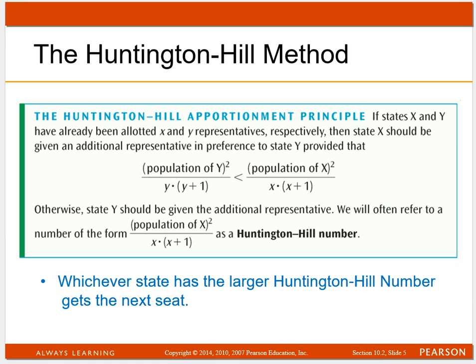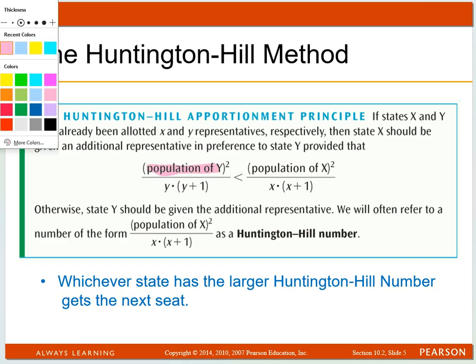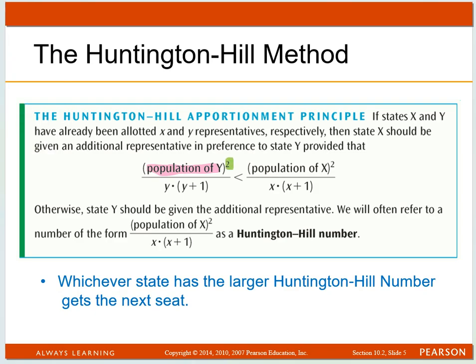Okay, so now we're moving on to a new method for apportionment called the Huntington Hill method. Okay, the method is you take your population, whatever it is, and then you square it.